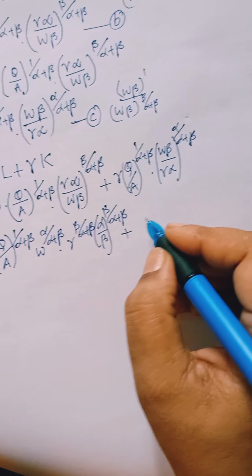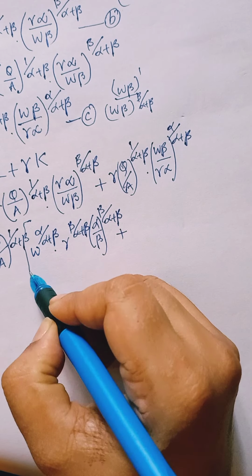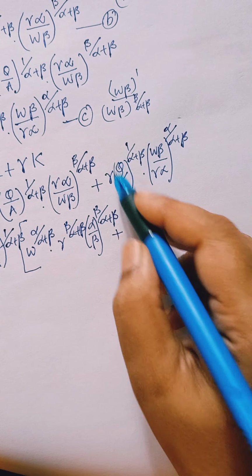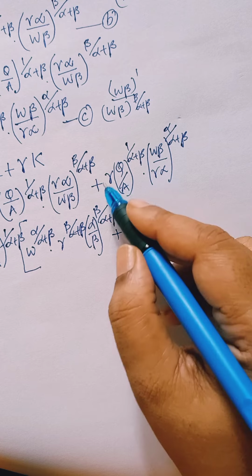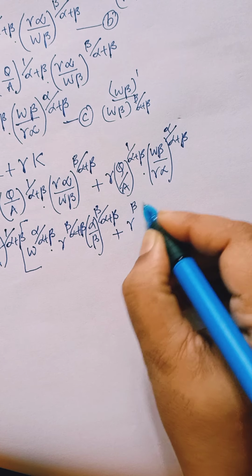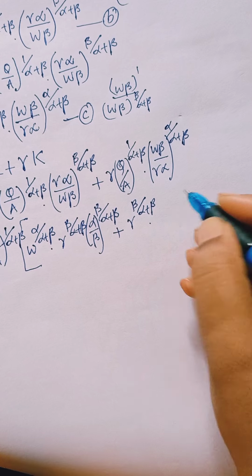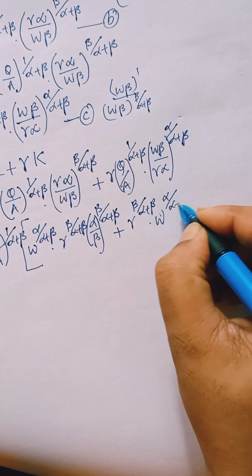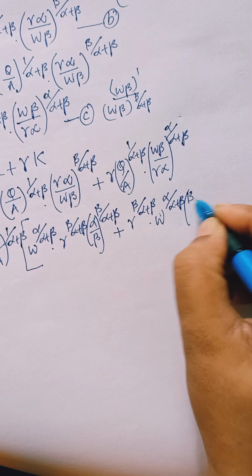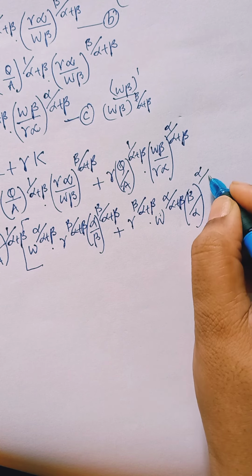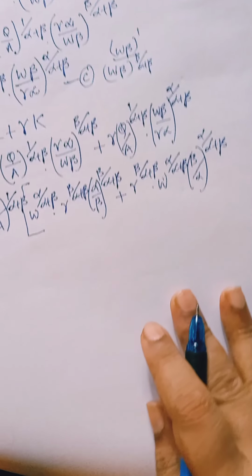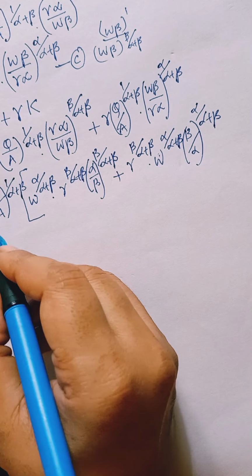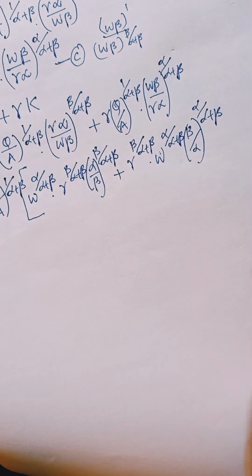Plus, similarly, when we solve R and R, then R raised to 1 divided by R will become R raised to beta by alpha plus beta. Then W raised to alpha by alpha plus beta, then (beta by alpha) whole raised to alpha by alpha plus beta. Then let us rearrange this cost equation by representing the coefficient first and variable second.